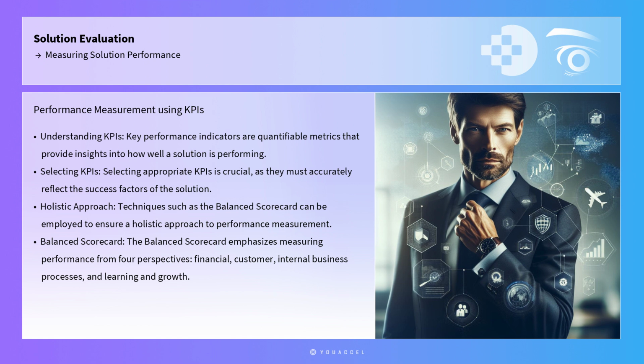Techniques such as the balanced scorecard can be employed to ensure a holistic approach to performance measurement. The balanced scorecard, developed by Kaplan and Norton, emphasizes measuring performance from 4 perspectives: financial, customer, internal business processes, and learning and growth. By using this framework, organizations can evaluate a solution's performance comprehensively and ensure that all critical areas are addressed.